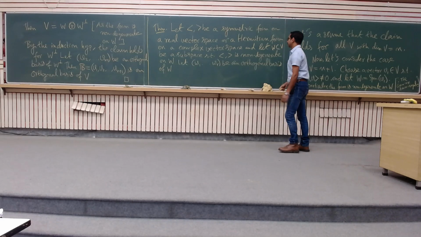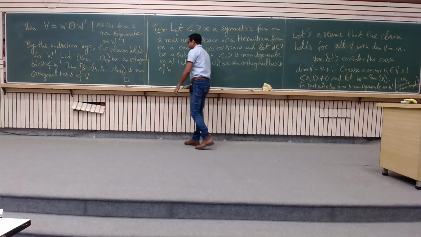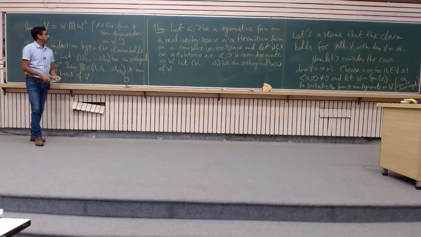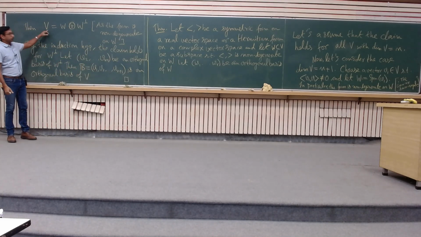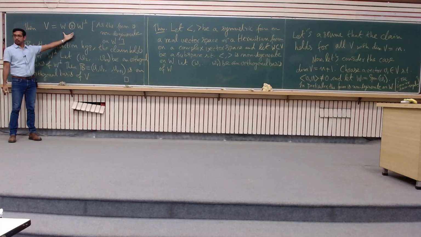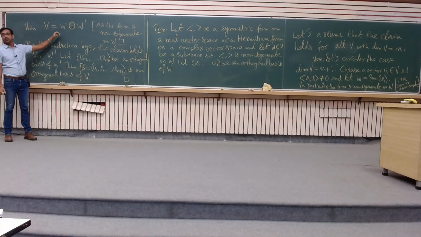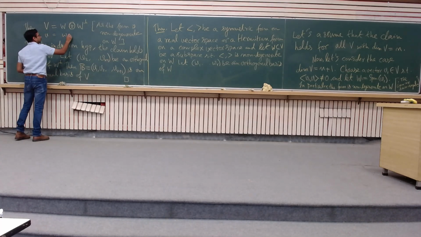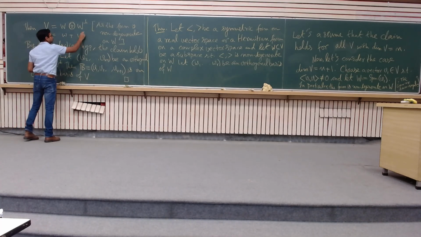Then we are going to write down the formula for orthogonal projection. Do you recall what that was? Yes. Once the form is non-degenerate on W, we always have such a decomposition, and then we can write every element V as W plus some V prime.